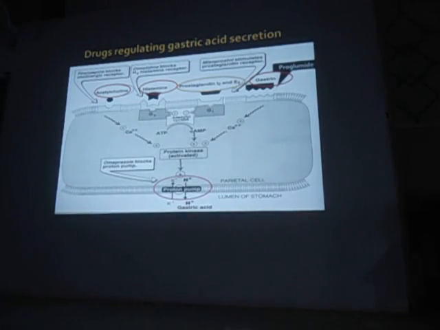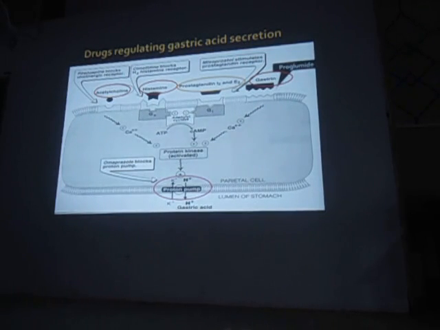So here is, in brief, this diagram, which is more appropriate for understanding all the mechanisms of action. First we have completed the cimetidine or the ranitidine, which blocks histamine release.